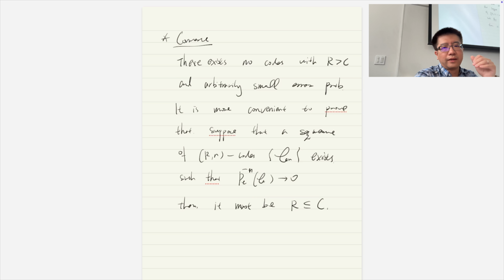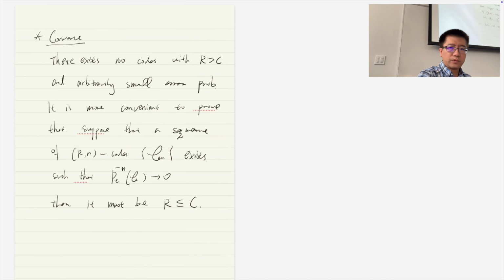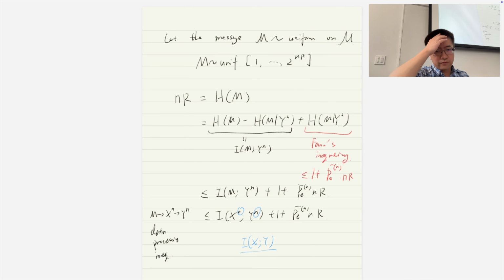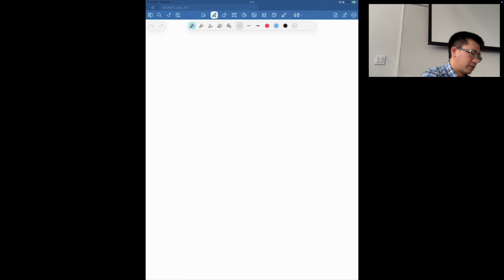The reason we can use the average probability here is that we assume the message has a uniform distribution. So I will probably repeat the steps here, to make it a little bit easier to argue.